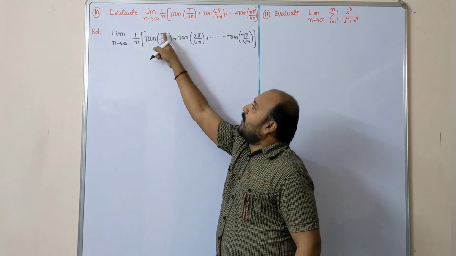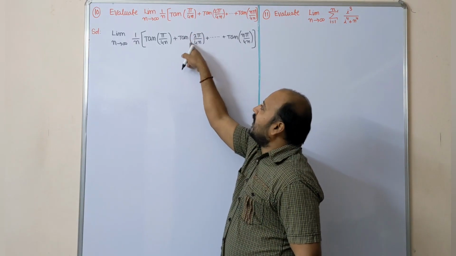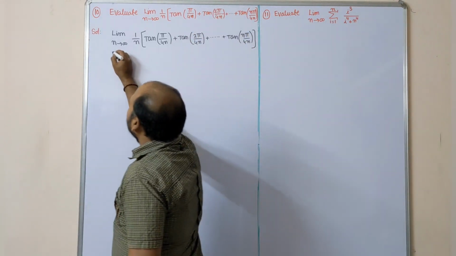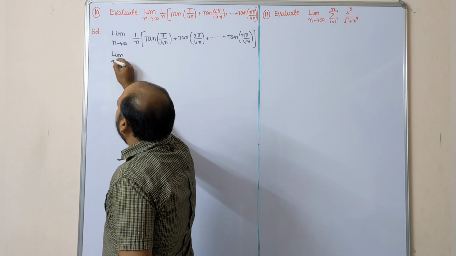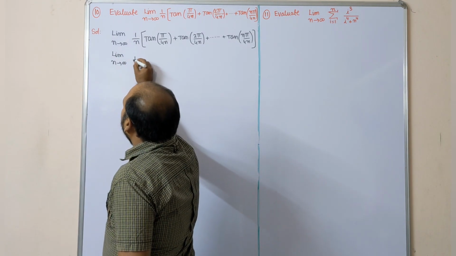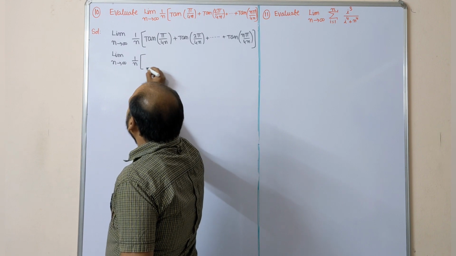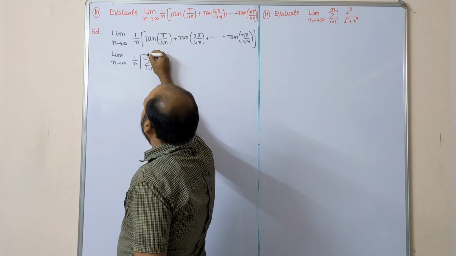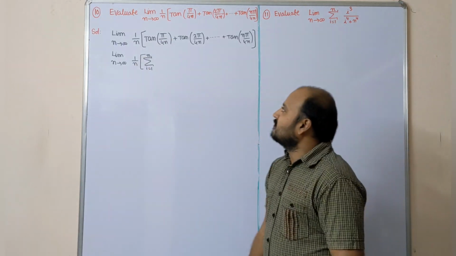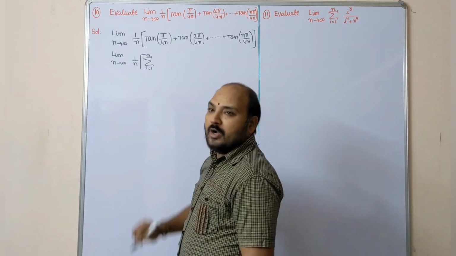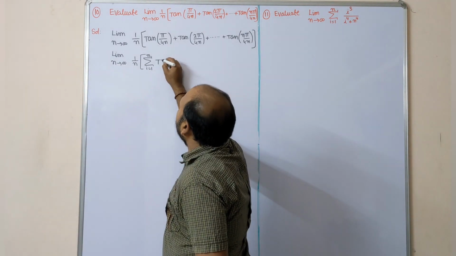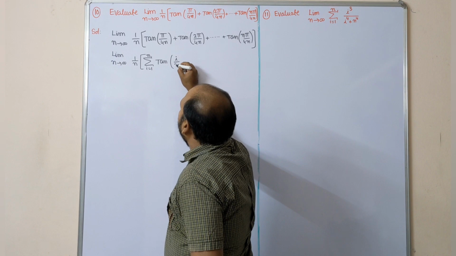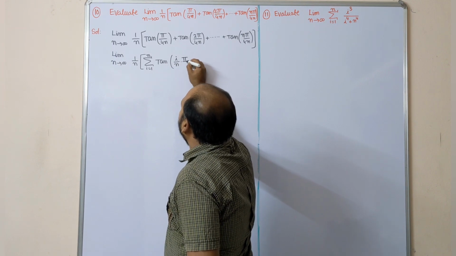Here 1 into pi by 4n, 2 into pi by 4n and so on n into pi by 4n. So we can write sigma now. Limit n tends to infinity 1 by n sigma i equal to 1 to n, tan of i by n into pi by 4.